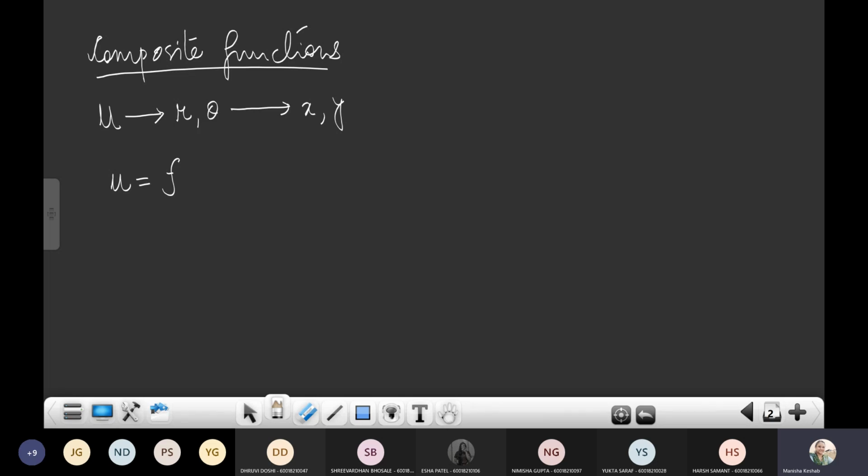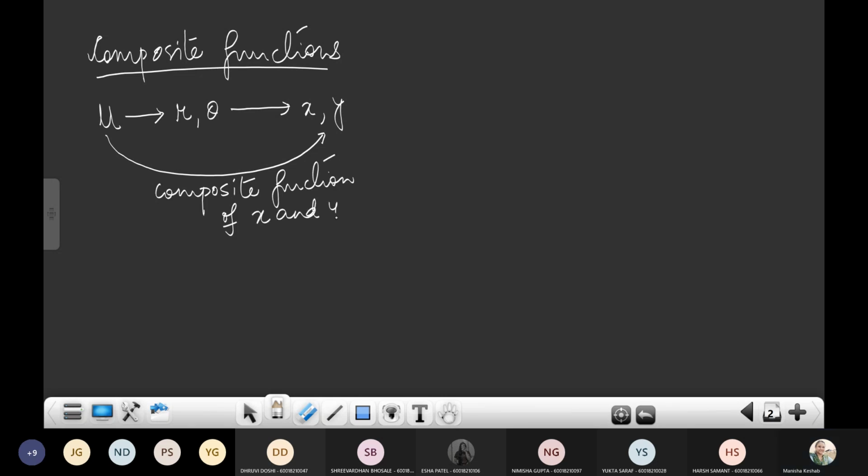Okay, so u is a function of both r and theta, and then r and theta are again functions of x and y. So then we say that u is a composite function of x and y.